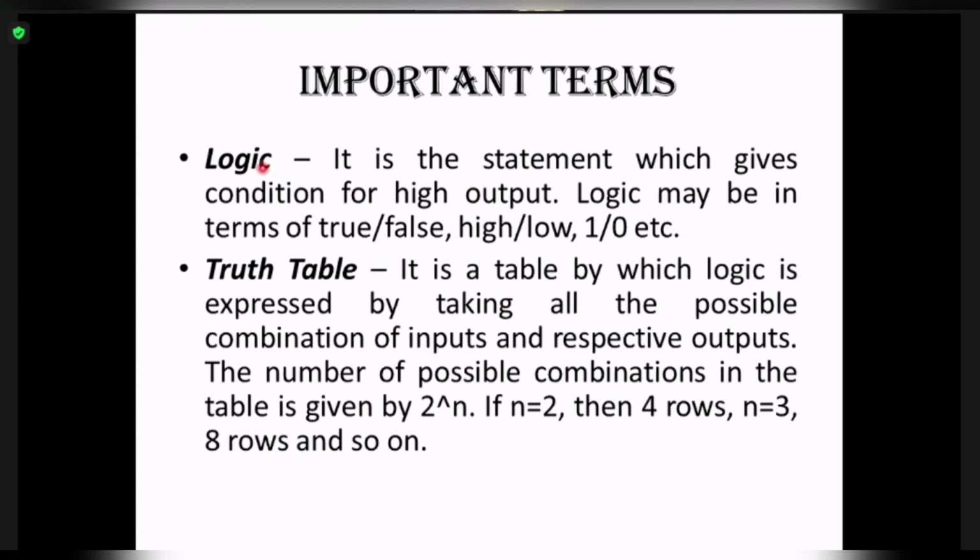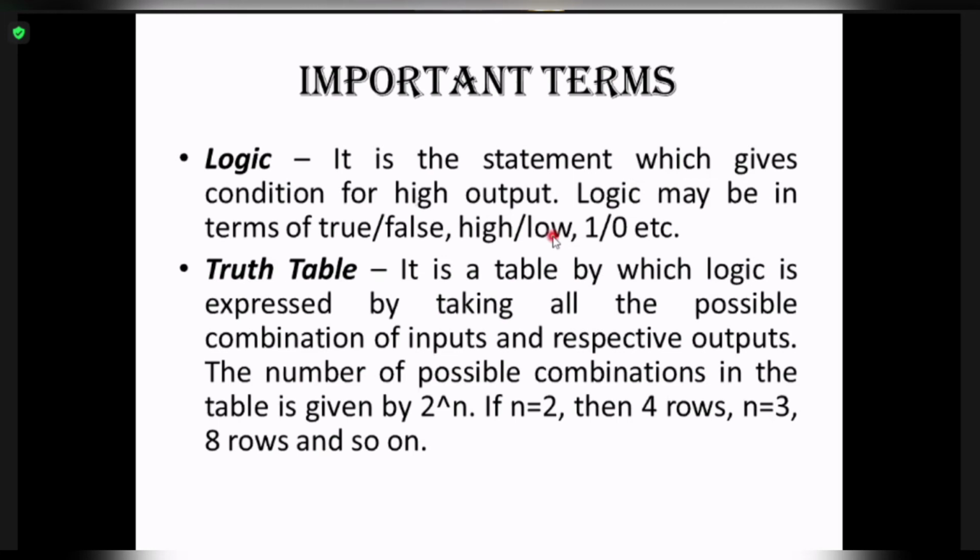Now, when we talk about the binary system, it is always in terms of 0 and 1 only. So over here, high output means the output is 1. And when I say low output, it means the output is 0. Understood? So sometimes this 1 and 0 is represented as high or low.